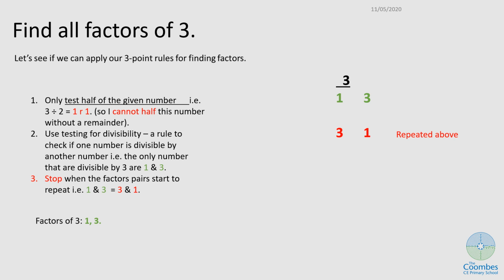So the only numbers that are divisible by 3 are 1 and 3. I can see the factors of 3 are 1 and 3. And if I carry on, it will be 3 and 1, which is a repeat. So the factors of 3 are 1 and 3.